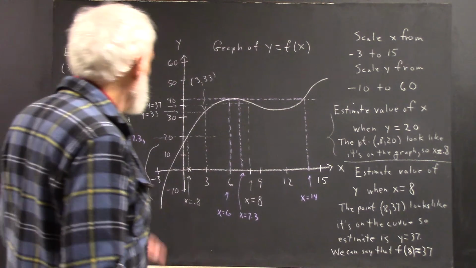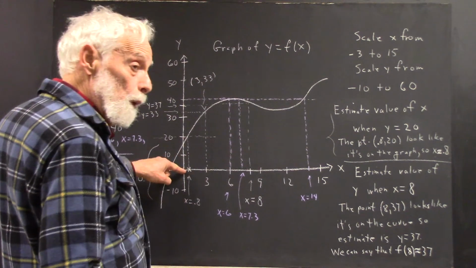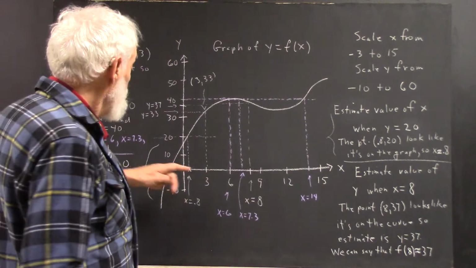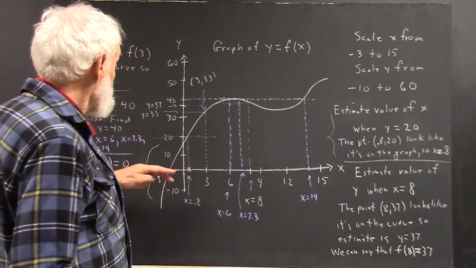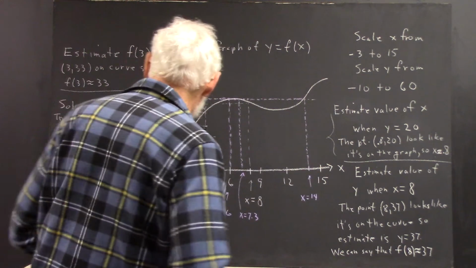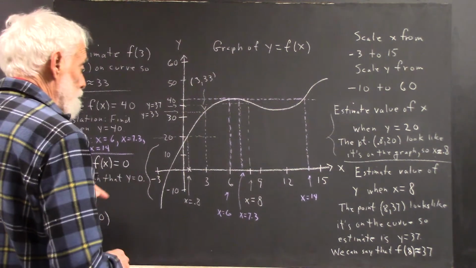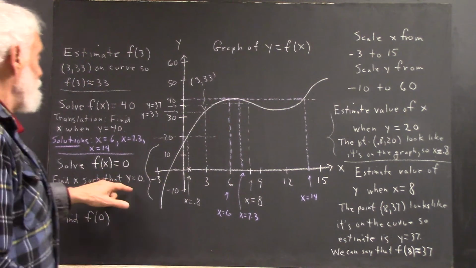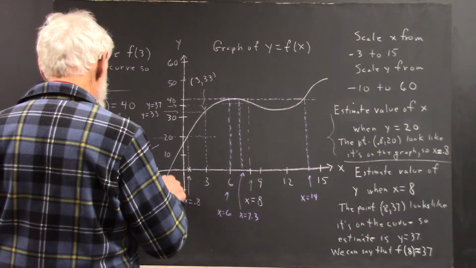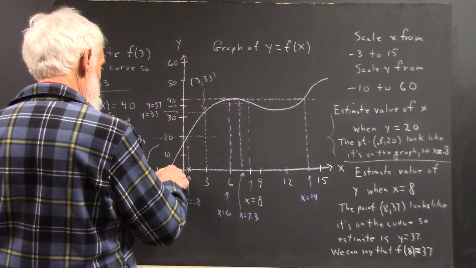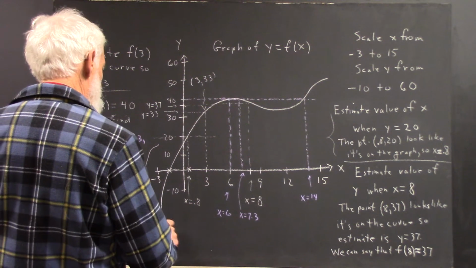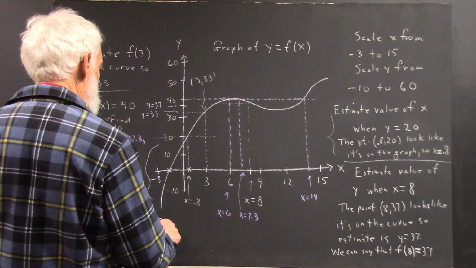Y equals 0 on the horizontal line through the y equals 0 point, which is the x-axis. So we want to find the point on the x-axis where the graph goes through the axis. That point's going to be here. This is the point where x equals what?